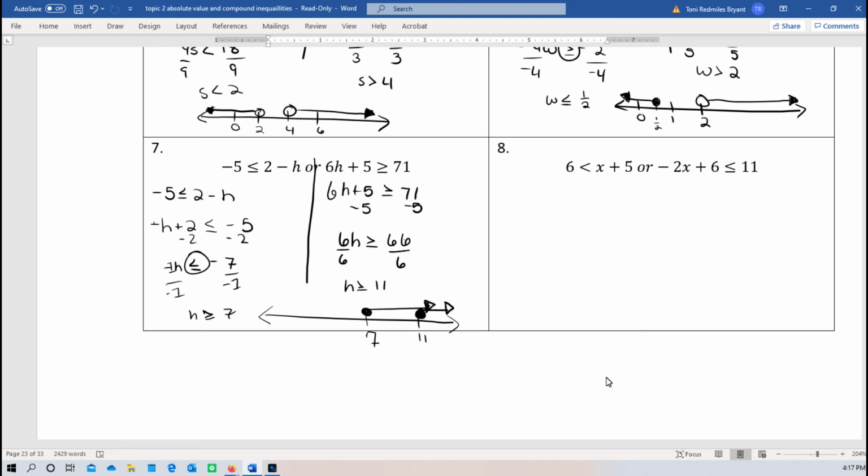I don't have an or. Look, we have overlapping ideas, right? Really, all this is saying is H has to be greater than or equal to 7. This one's kind of null and void. Everything in that set is also in this one. So this one's not an or anymore. It shouldn't be an or.